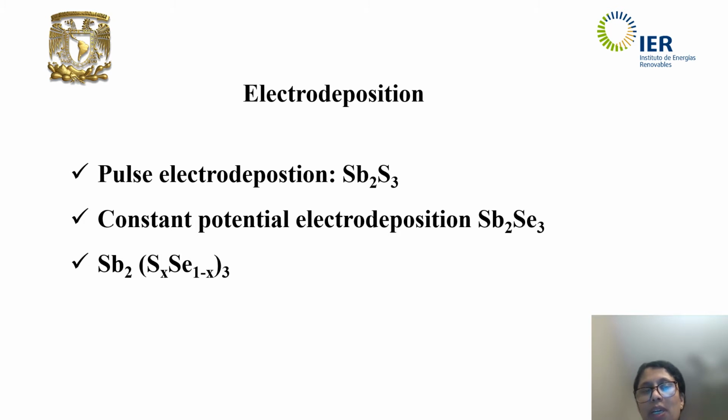Antimony sulfide will be explained as deposited by pulse electrodeposition, whereas antimony selenide is deposited through constant potential electrodeposition, and antimony sulfoselenide also through constant potential electrodeposition.